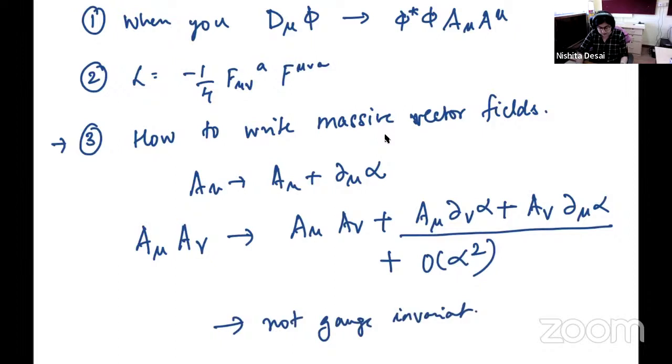So we go back and we see that here, a term proportional to A_mu A^mu gets generated automatically from this kind of covariant derivative of phi. So we're going to try and use that to generate masses for our gauge bosons. So the general idea is this.